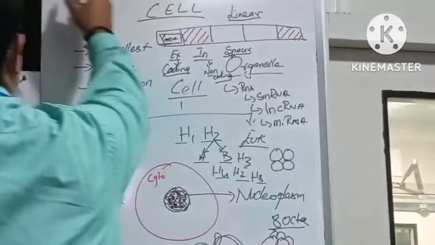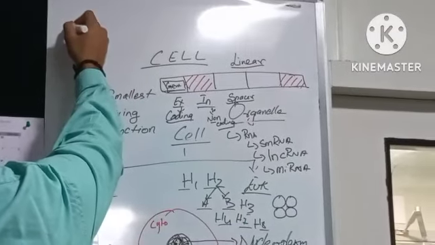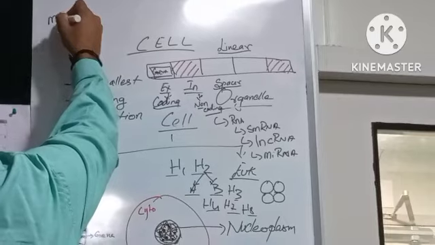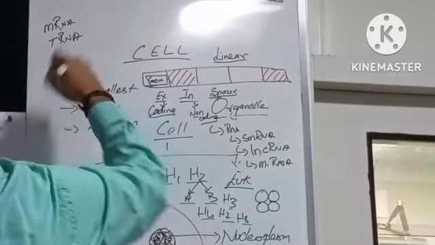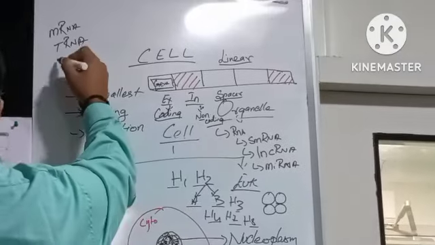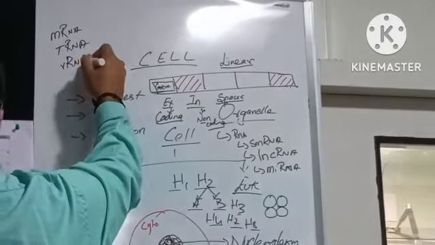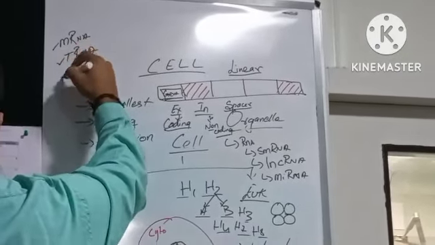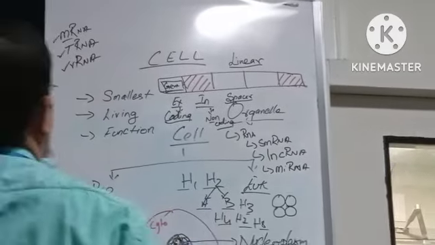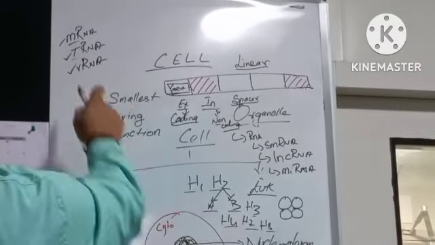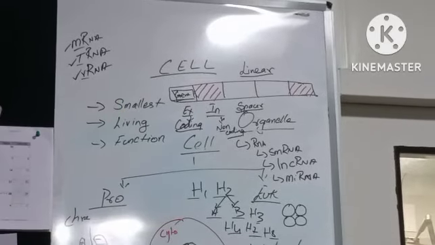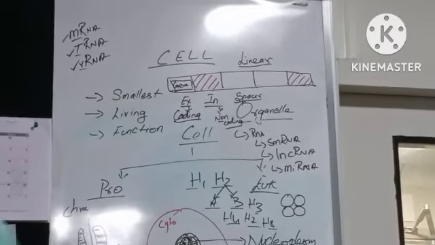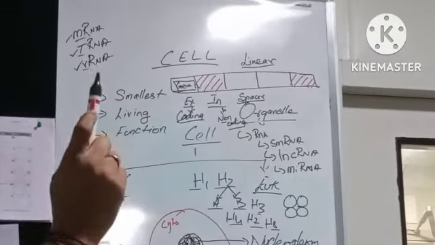The other major forms of RNA, like somebody prompted, are mRNA, tRNA, and one more, rRNA. So you have these three. Now what does this M stand for? Messenger. And T? Transport. R? Ribosomal RNA. So we'll see that also when we discuss the doubt.